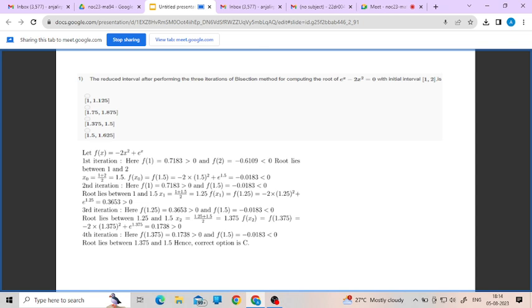Okay, done. So I hope you are getting it in the third iteration.